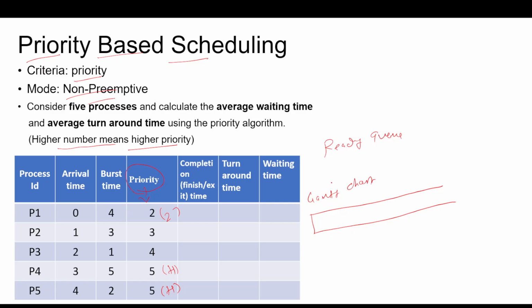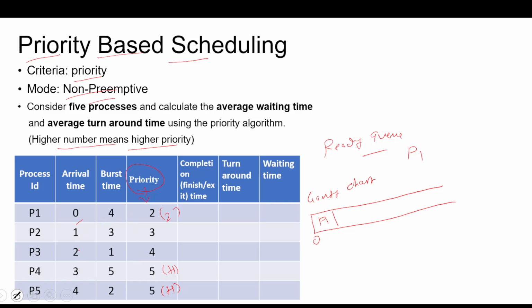First of all, check how many processes have arrived at the ready state at zero timing. Yes, only one process: P1 arrived at the ready state at zero timing. So initially we will execute the P1 process. No matter what the criteria is, only one process is there at that time, so we will execute P1, because no other processes are there.